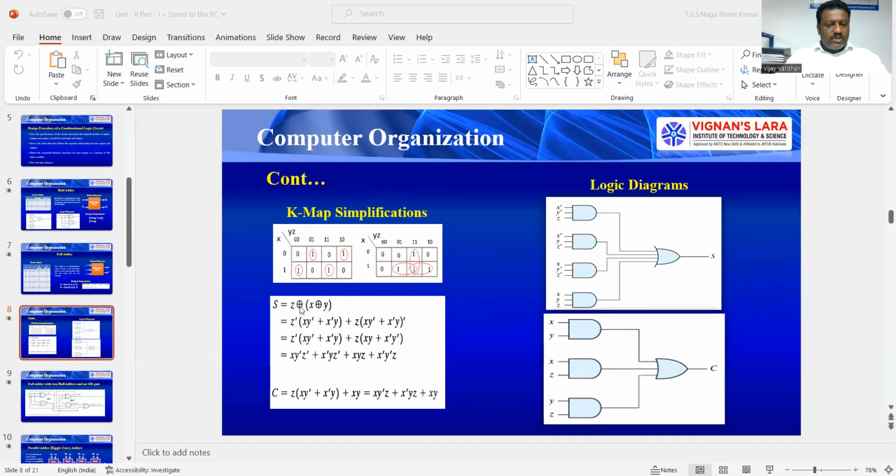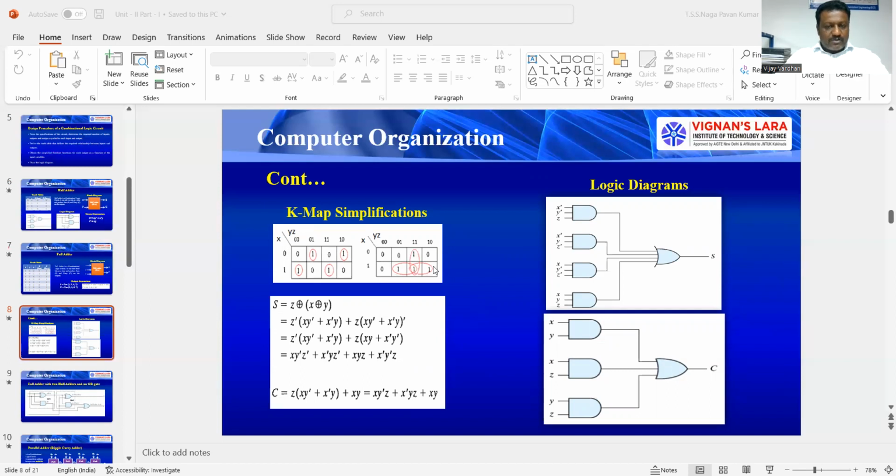So here I'm going to use Boolean algebra theorems as well as properties. This is my expression. Simplifying in this order, at the end I get an exclusive OR operation between all my 3 inputs.